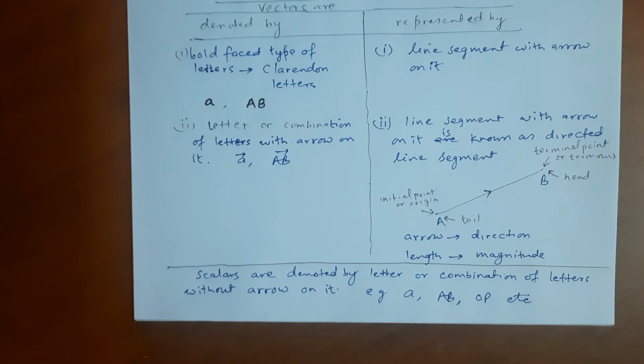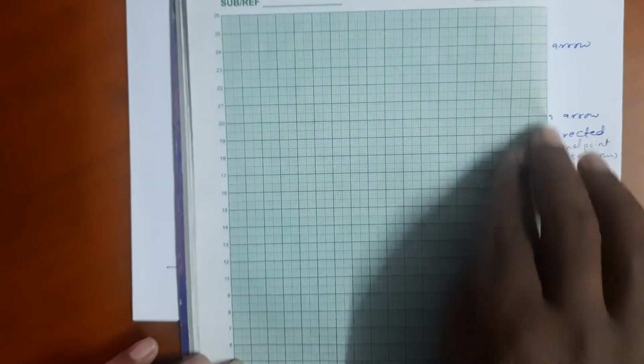And now, vectors in terms of coordinates. To explain vectors in terms of coordinates, let us take a graph.